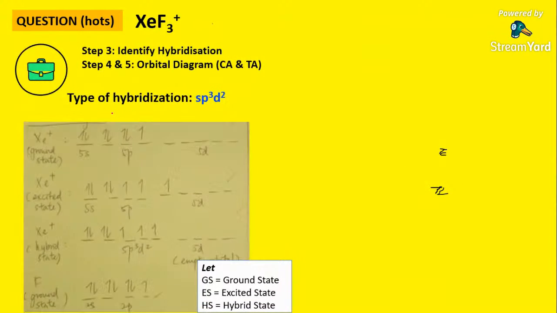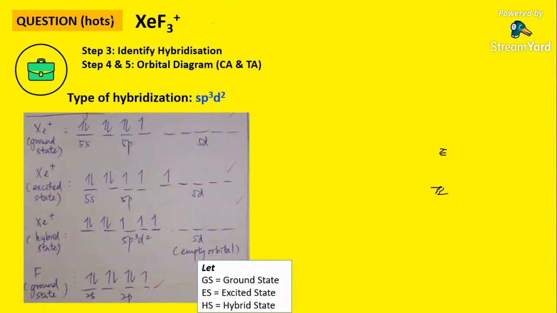Next, when you draw the orbital diagram, you have to write down Xe plus. Xe has 8 valence electrons. Once there is a positive charge, you need to minus 1, meaning there are 7 valence electrons for the central atom. So 5s2, 5p5. And then you check, there are how many lone pairs? Forgot already.